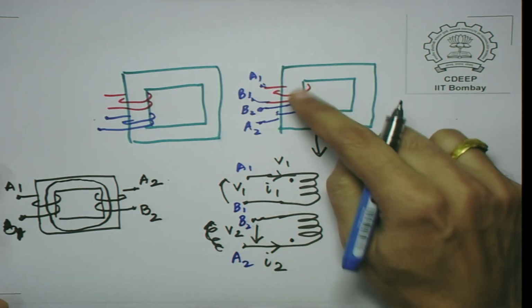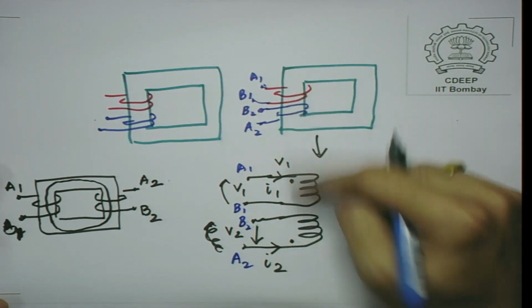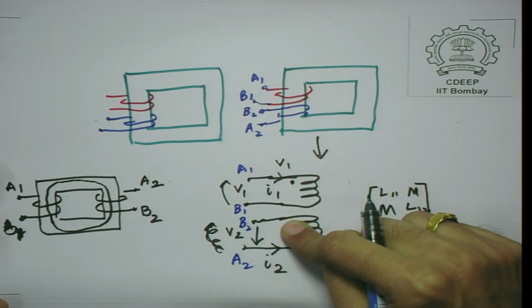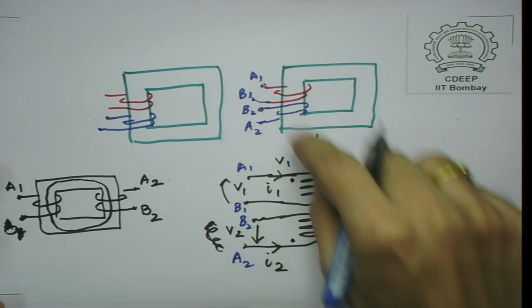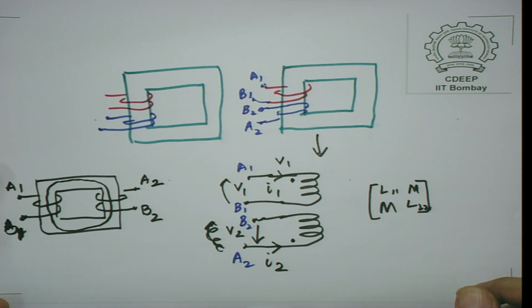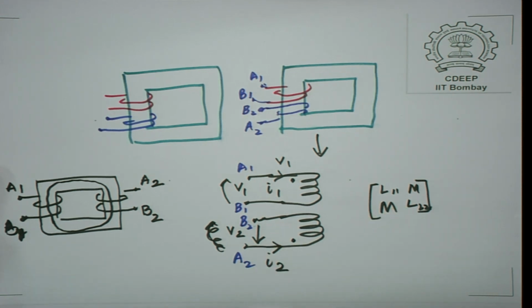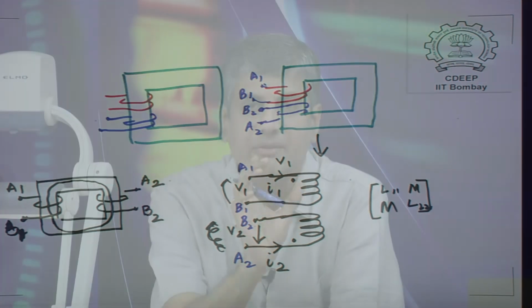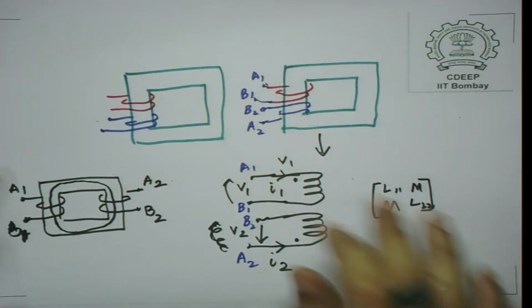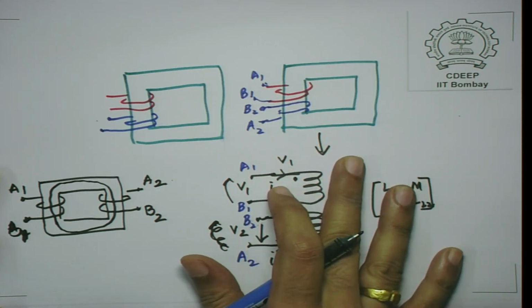So, in fact, this is how you would actually assign the dot conventions, and when you use the equation V1, V2 is equal to the L matrix times d by dt of I1, I2, this is how you would write the equations.